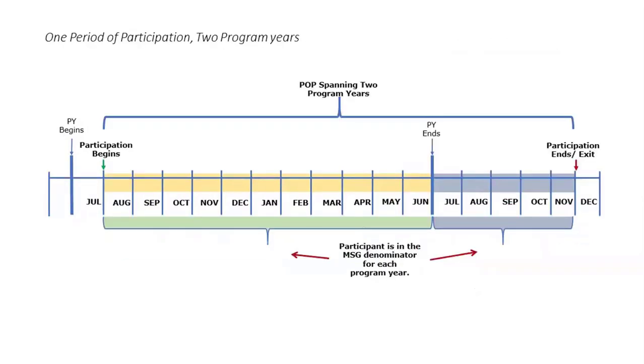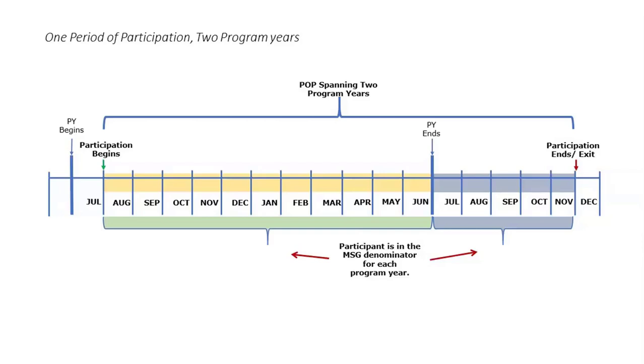So very similarly, this is just another view of a person who has a period of participation that's kind of spanning across 2 program years. And what we know in terms of the measure and how we are being measured is that this participant would need 2 measurable skills gains during that period of participation because we have 2 program years. So they would need an MSG for that first program year that ran July through June, and then they would need another MSG for the program year that's running in this example from July through November.